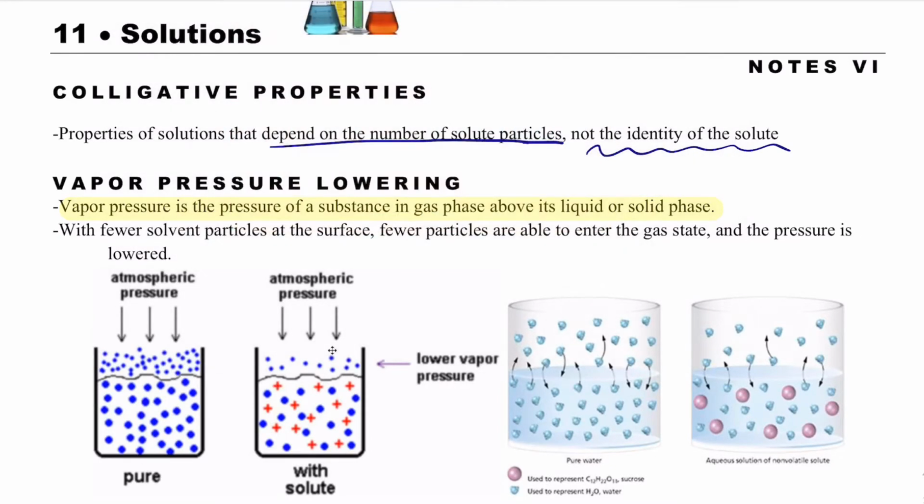And so if I have pure water here, water has all of these water particles above the surface of water that cause humidity, and that is called its vapor pressure.